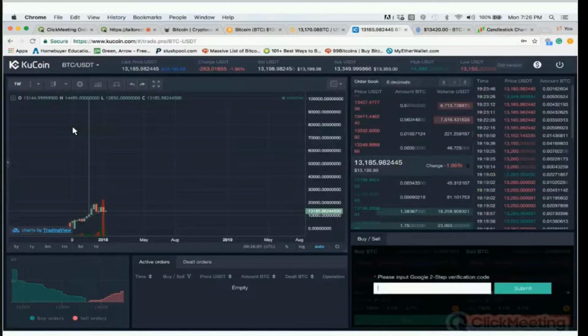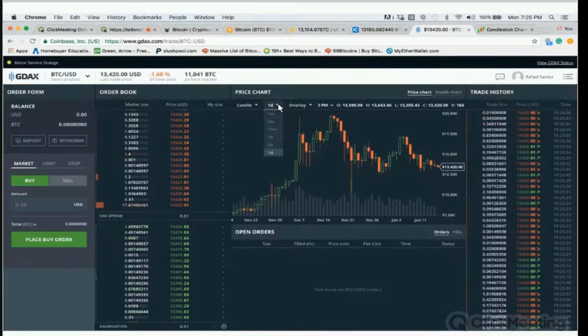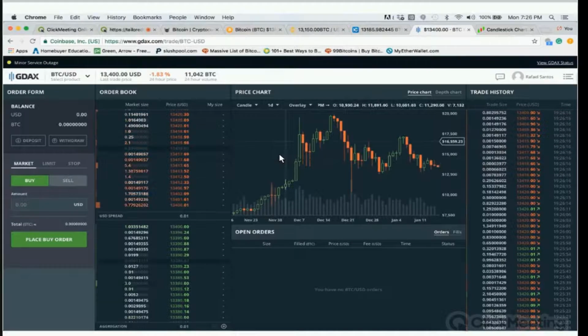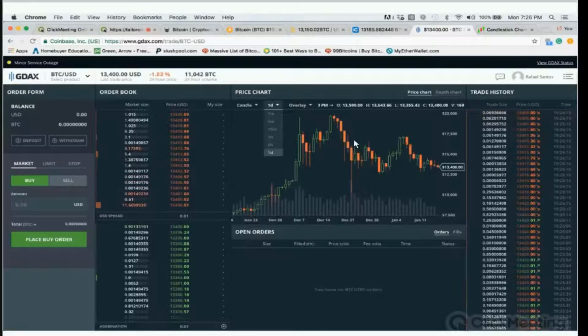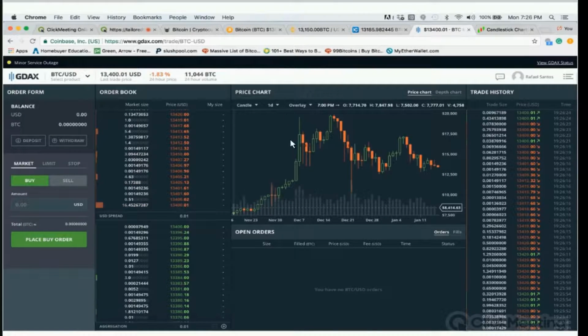Actually, it provides even less data here in Qcoin. And GDAX should provide a lot of data because it's been around for a while, but for some reason, the features in GDAX don't let you go back too far. If you go at the daily time frame, the furthest you can go is back to November of 2017.